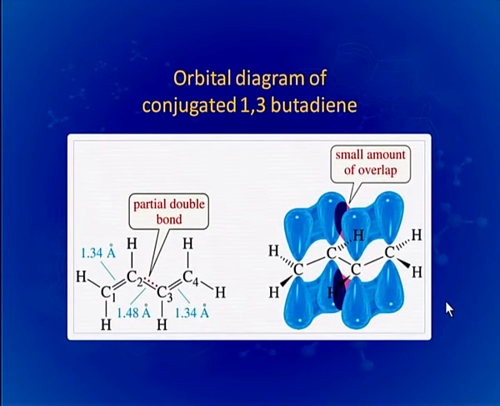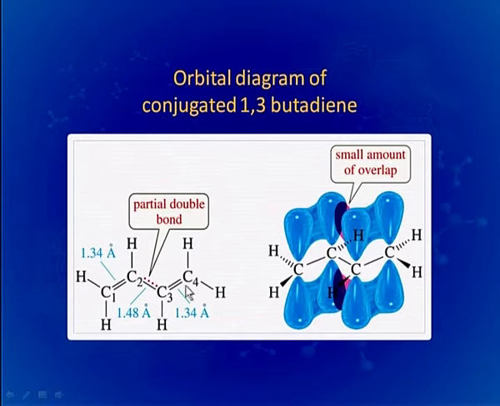We can further understand the structure of 1,3-butadiene with the help of this orbital diagram. Here we can see that all the unhybridized p orbitals lie in a parallel way. Therefore, between C1 and C2 there is a pi bond formation. From the line diagram also, the bond length is 1.34 angstrom, which is the bond length for a carbon-carbon double bond.